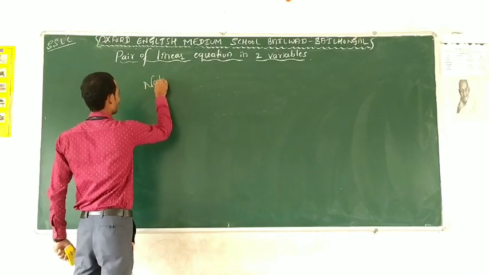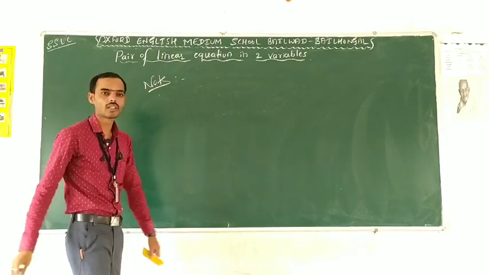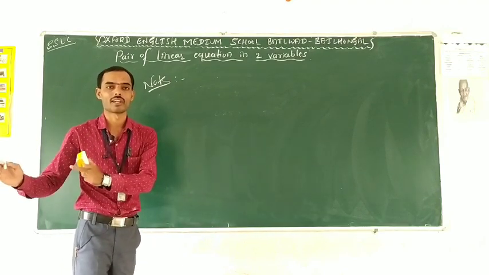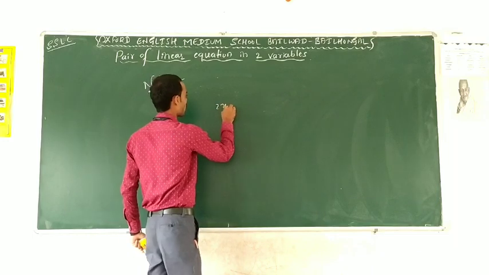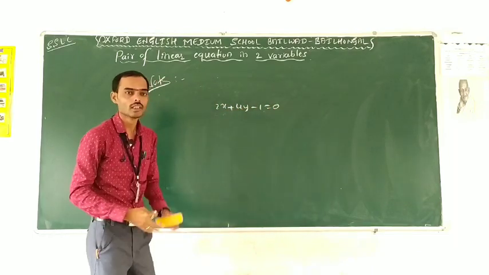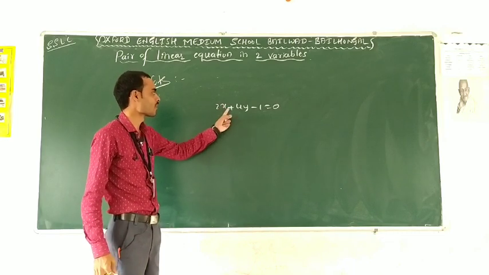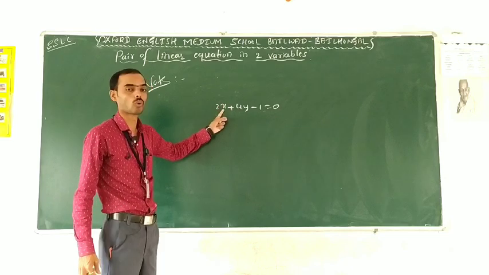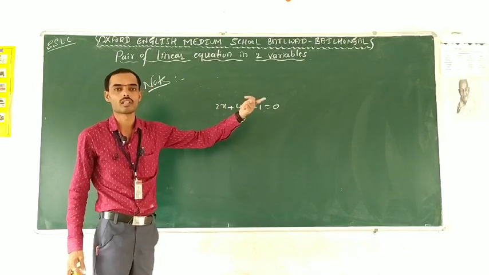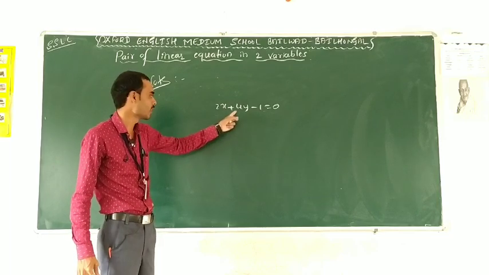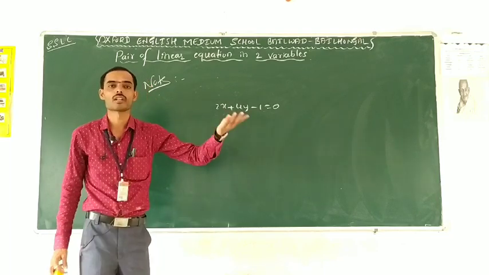What is the note? A linear equation in two variables has infinitely many solutions. For example, 2x plus 4y minus 1 is equal to 0. Just substitute the value of x, then we get the value of y. If we put x is equal to 1, then y gets a different value. If we substitute x is equal to 2, then we get a different value of y.